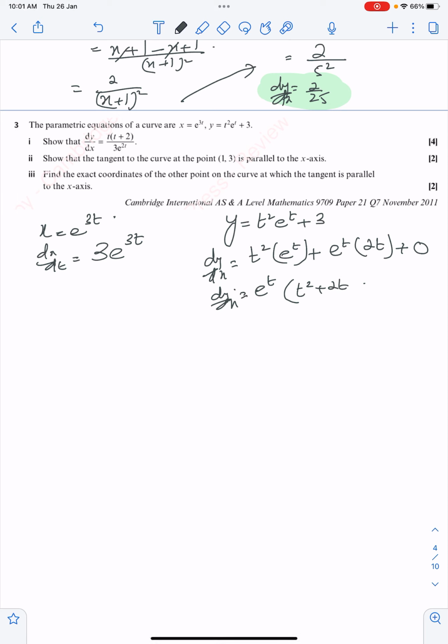Okay, so we have to find out dy by dx here. This was dy by dt. Okay, dy by dx is going to be dy by dt divided by dx by dt, or you can even write it as multiplied by dt upon dx.